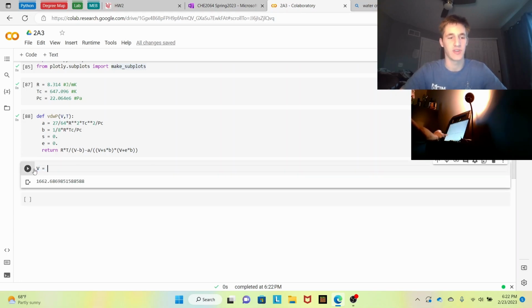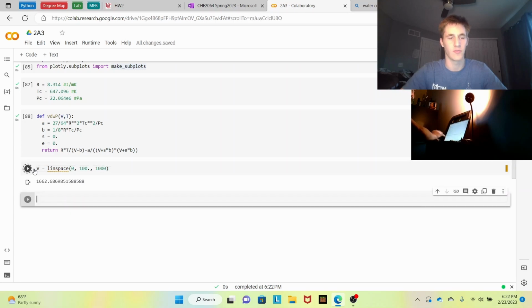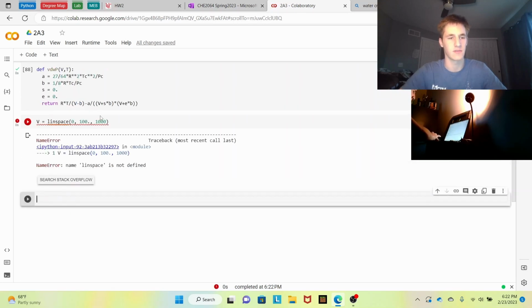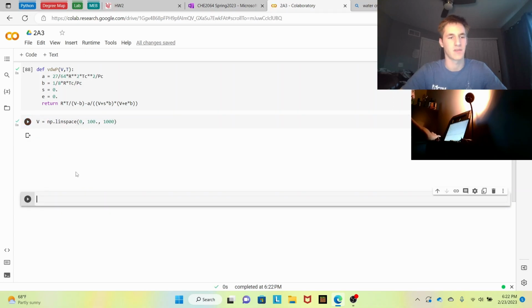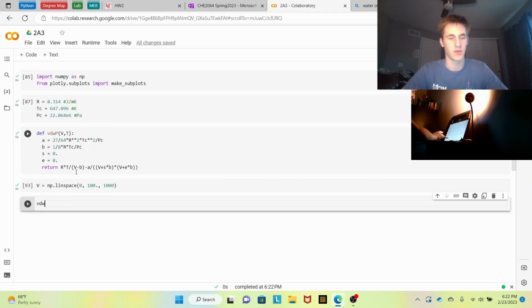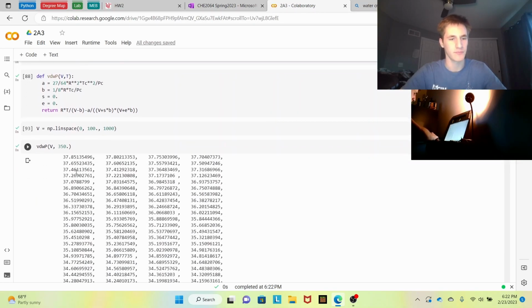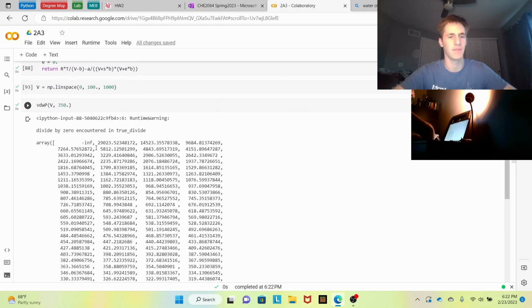Now I'm going to create a linspace, so we have a range of volumes. And if we go ahead and do 0 to 100 with 1,000 data points, np.linspace, sorry. All right, and plug that into our van der Waals equation. So we'll have V, and we'll say 350 Kelvin again. If we scroll all the way to the top, we have negative infinity.